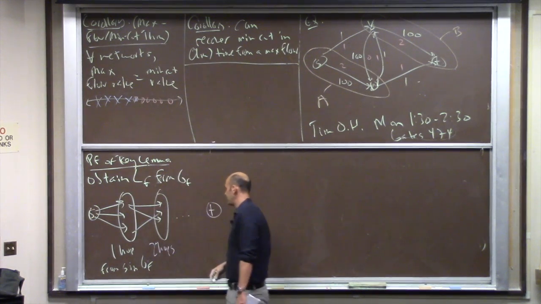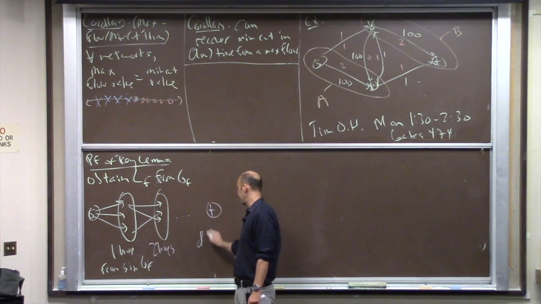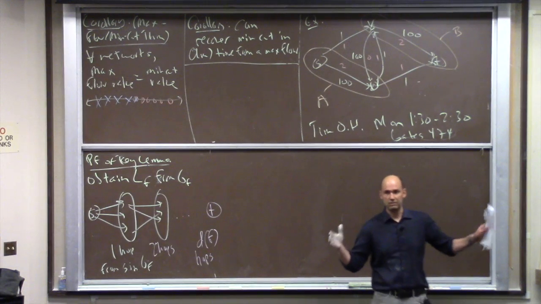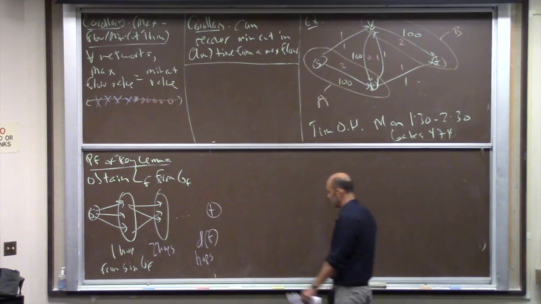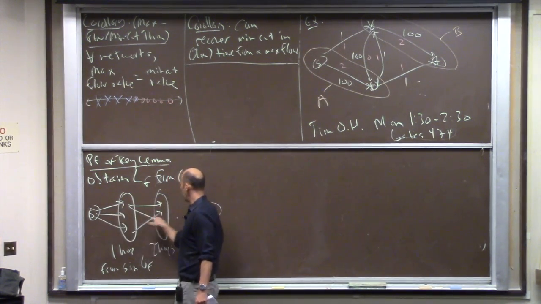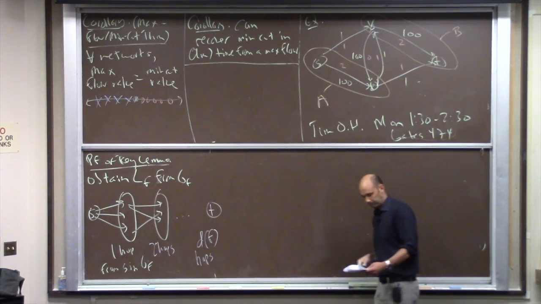And then finally you have T. Maybe there's some other stuff here, but we don't care. And then by definition, this is d of F hops from S. Remember, d of F is defined as the distance between S and T in terms of number of hops in the residual graph. Okay? So you can think of the source as layer 0, this is layer 1, layer 2, layer 3, and so on, all the way up to layer d of F. Okay?